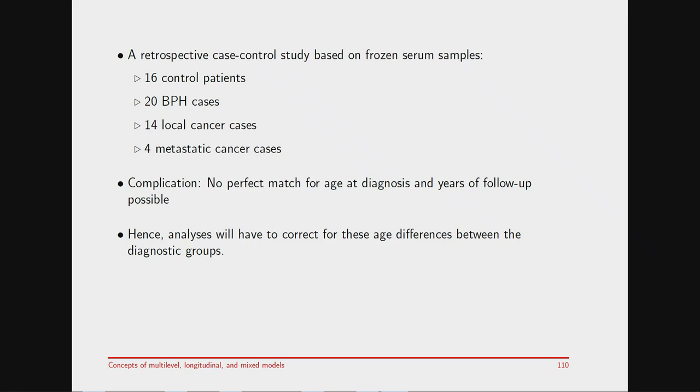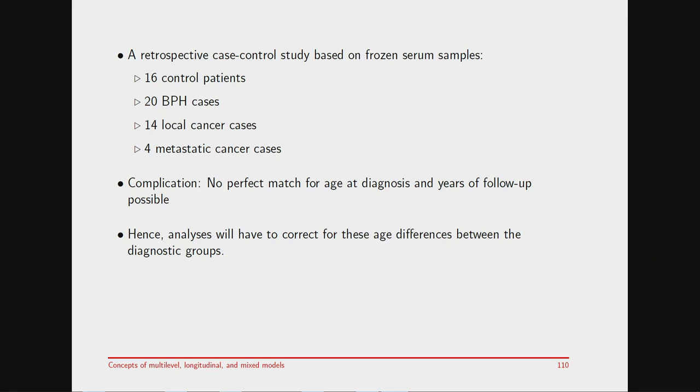Well, first of all, controls needed to have enough repeated measurements so that you can study trends. They needed a long enough follow-up time, also to be able to go back long enough in time. And these people were given very extensive medical examination to make sure that they didn't have prostate disease yet. I cannot do that for a large group.